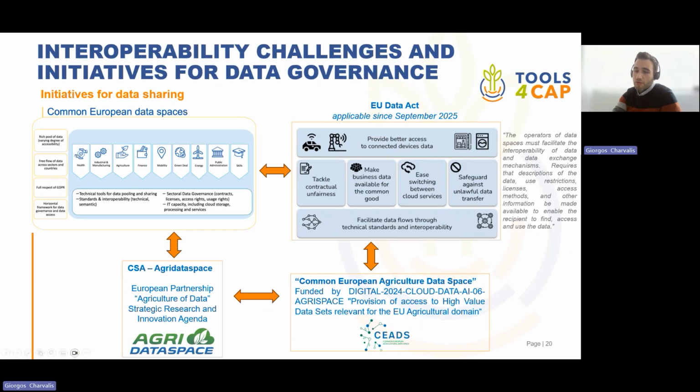And of course, with European agricultural data spaces and related initiatives, more sector-specific governance groundwork is already taking place.